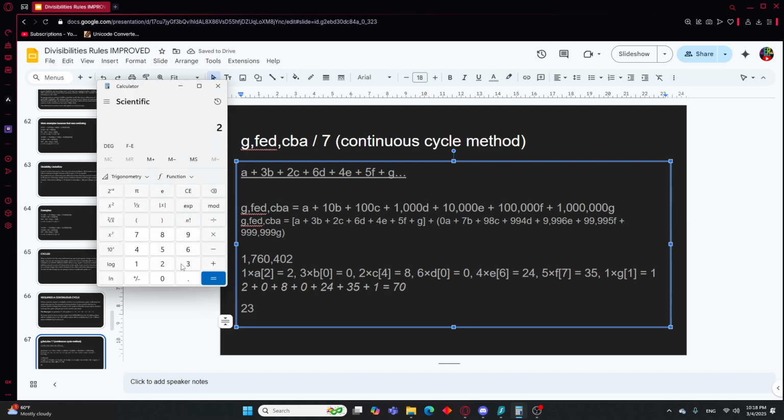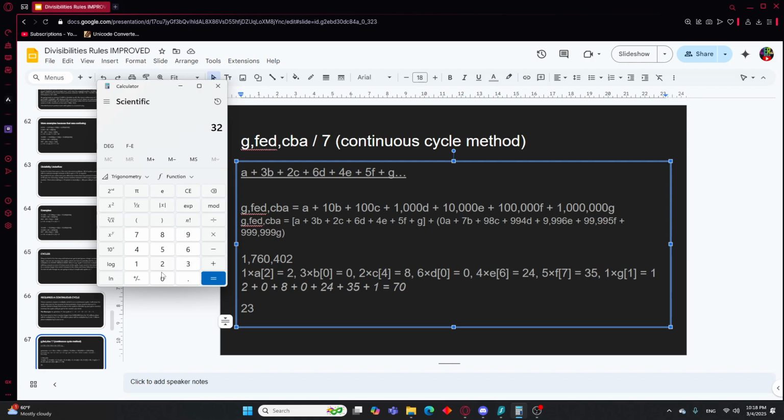231,760,402 divisible by 7. Please work. Oh, it didn't work. No, why didn't it work? Oh, because it is the other way around. Because I was multiplying the 3. Oh, yeah. Okay, so I did have it right originally.